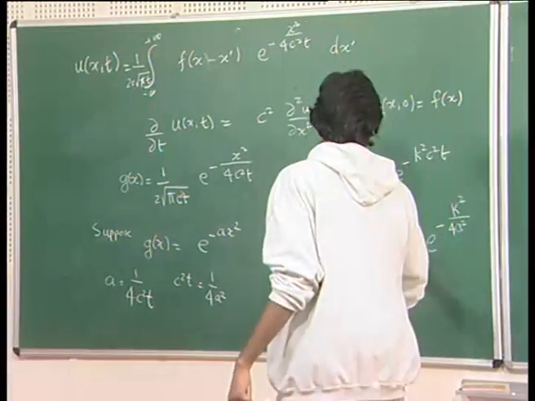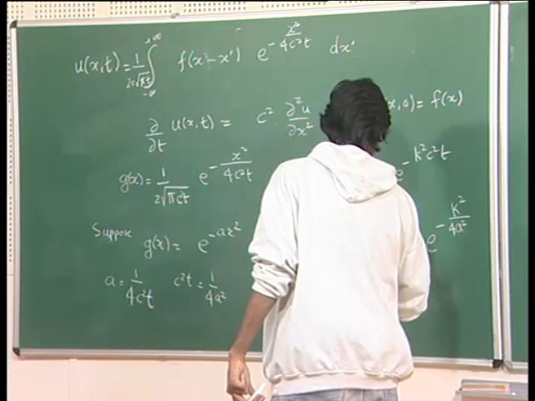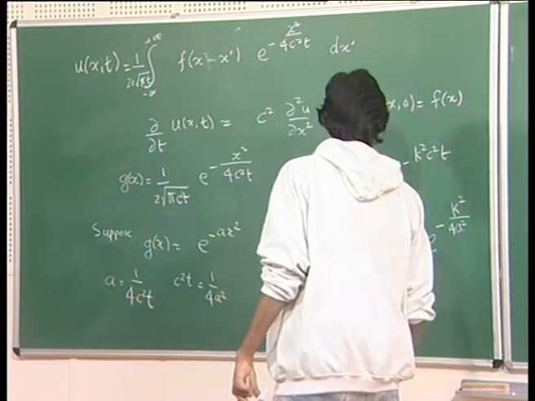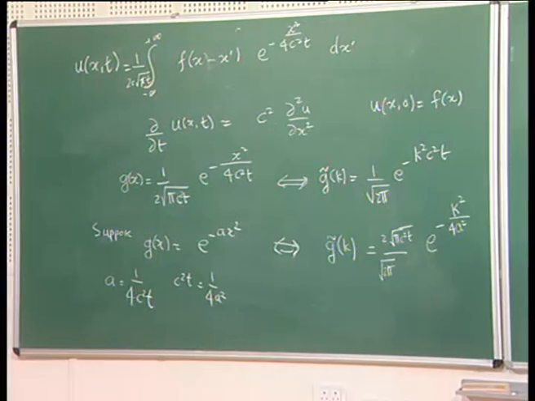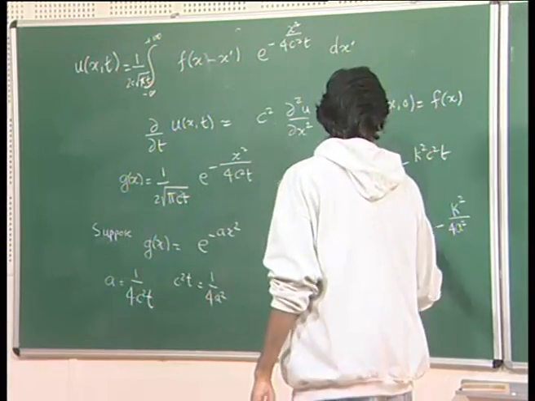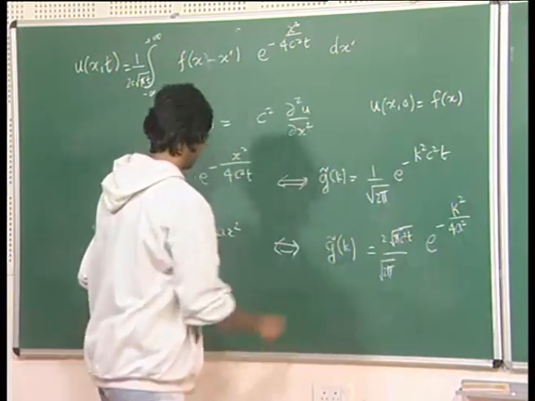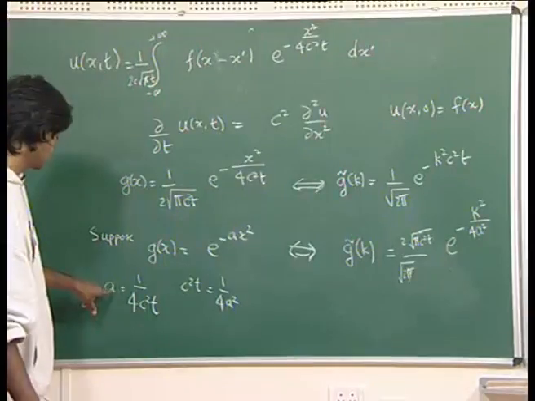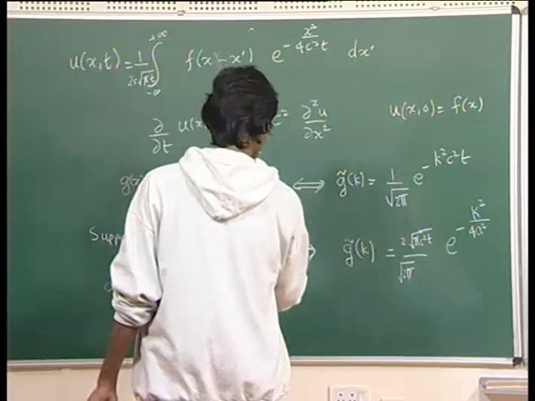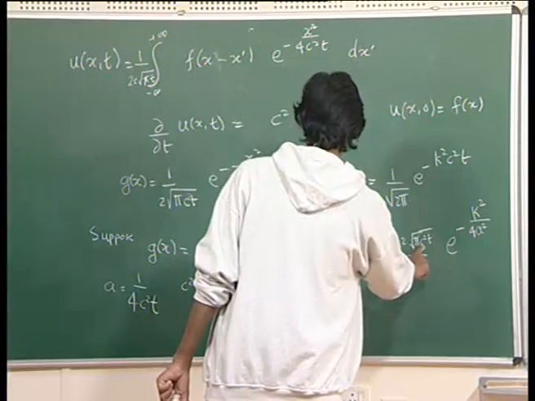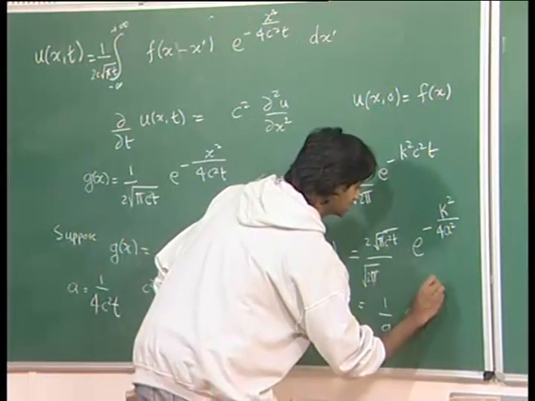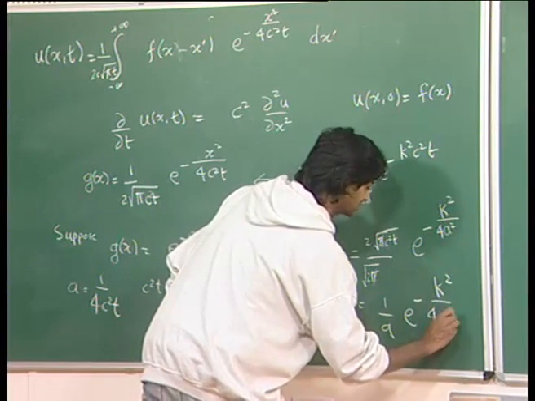It is 2 root pi c square t divided by root 2 pi. So I can cancel this, I get root 2 c square t, and c square t is 1 over 4 a square. So the square root of that is 1 over 2 a. So you just get 1 over a e to the minus k square by 4 a square.